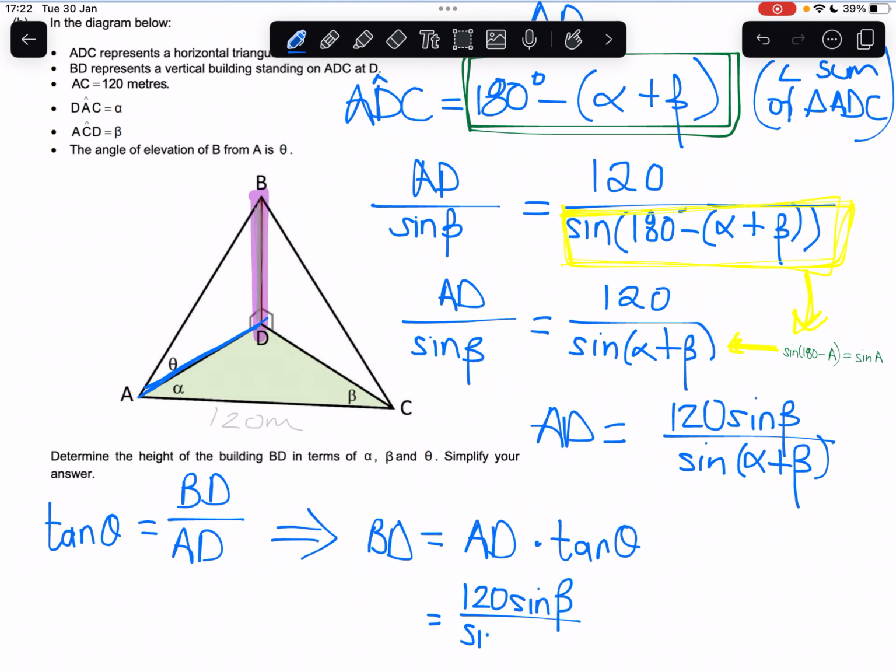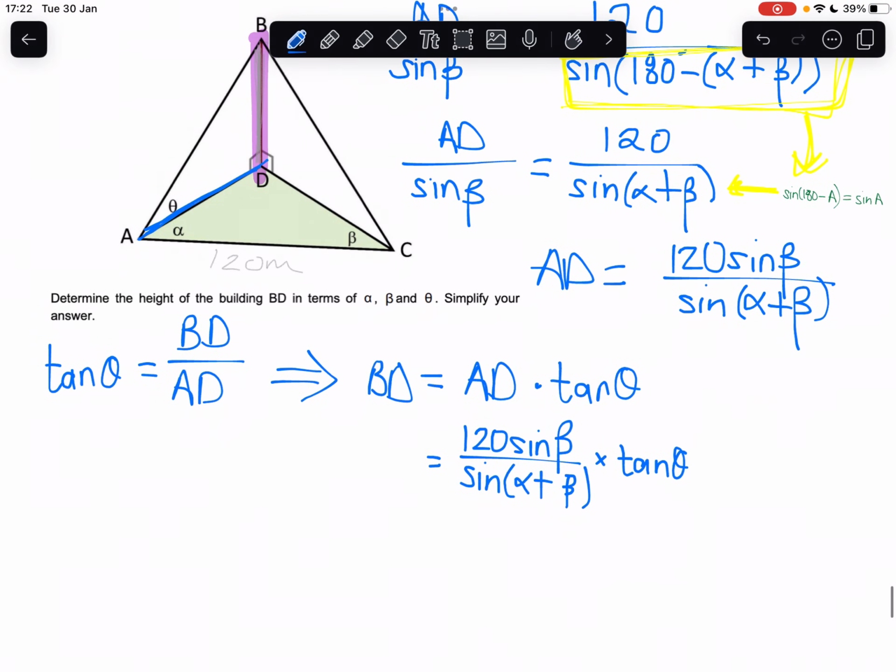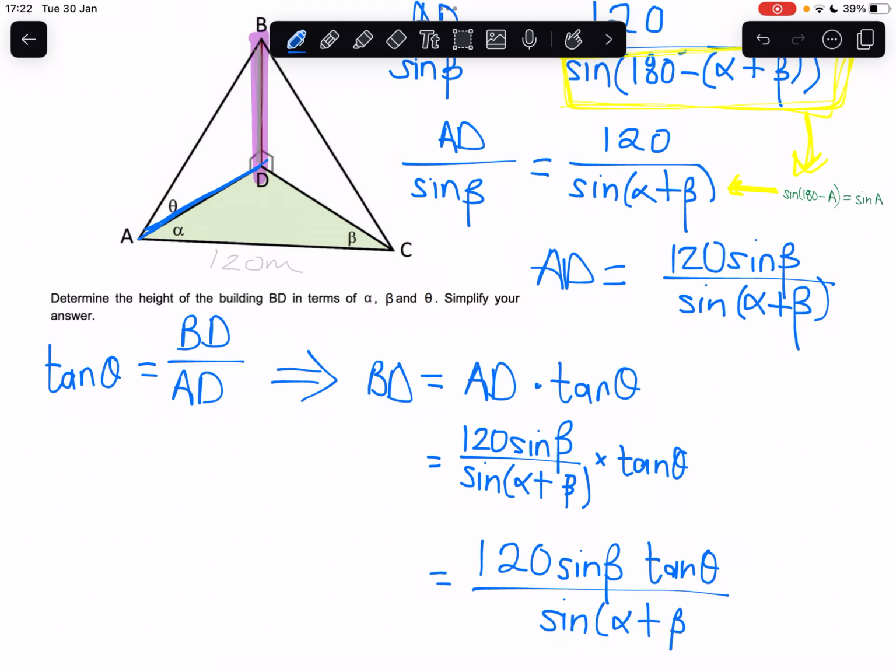So that's AD, and we're timesing that by tan theta. Okay. And that is just the same as 120 sine beta tan theta divided by sine of alpha plus beta. And that is our expression for BD.